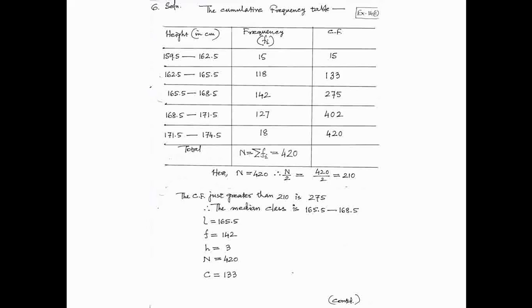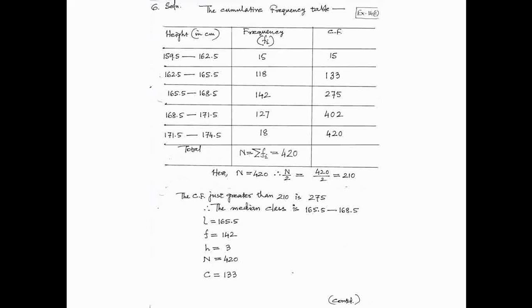And this 275, it is for which class interval? 165.5 to 168.5. So therefore, the median class is 165.5 to 168.5.